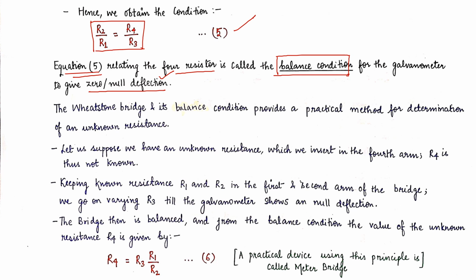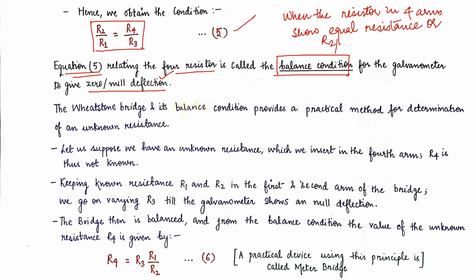When the resistors in the four arms show equal ratios, that is R2 upon R1 equals R4 upon R3, which is a balanced state, the galvanometer will show no deflection.